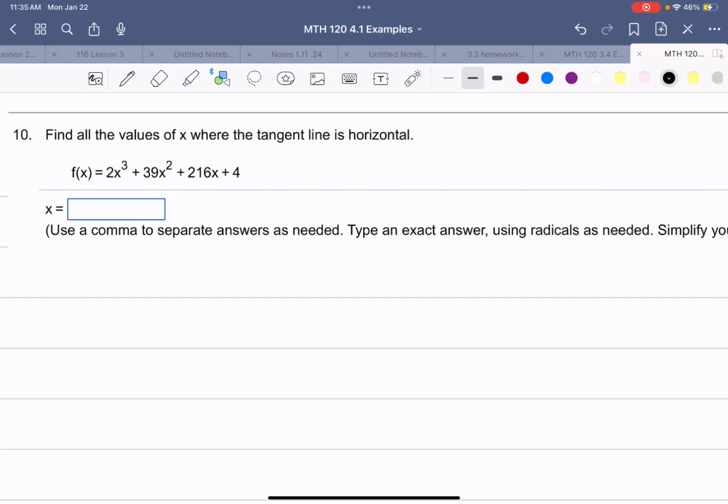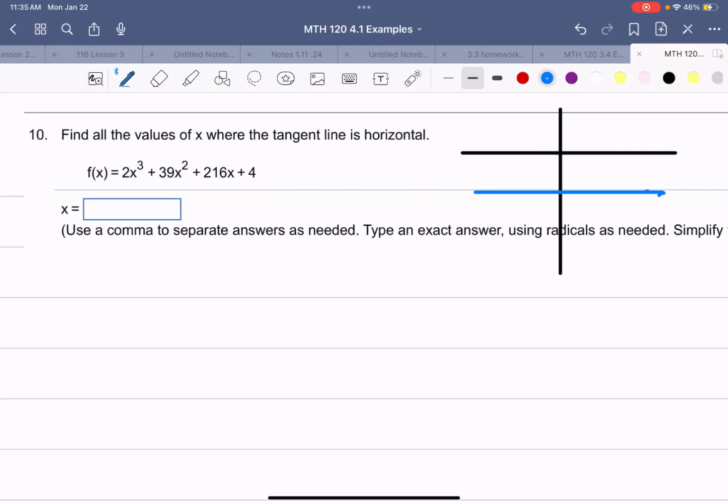Example number 10. Find all the values of x where the tangent line is horizontal. So before we begin, let's review what is true about horizontal lines. Whenever you have a horizontal line, no matter where it's located, it has a slope of 0.